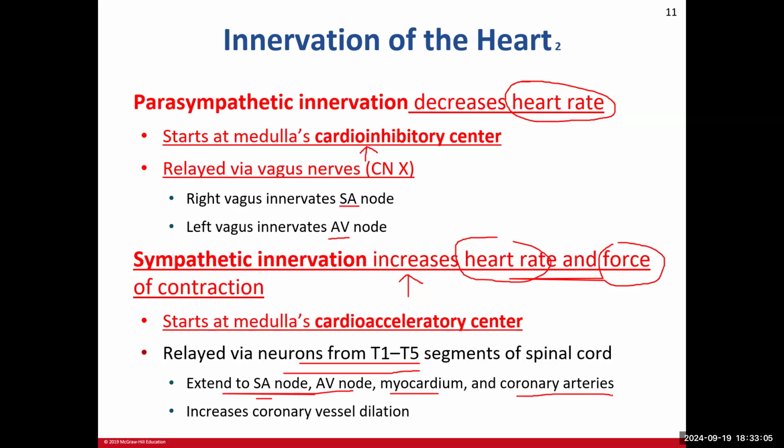Here's an interesting fact. Those same segments innervate your chest and the upper part of your arm. Why is that? Good to know. Bingo. Sam just nailed it. We call that what? Referred pain.